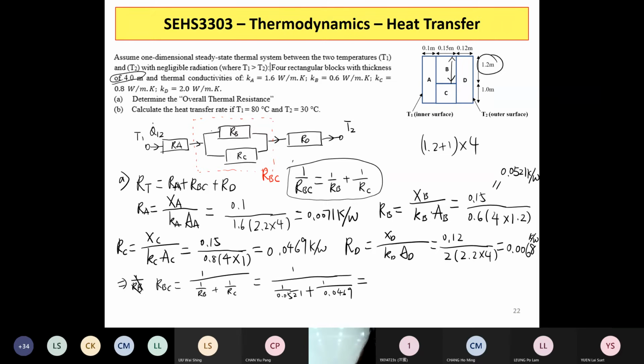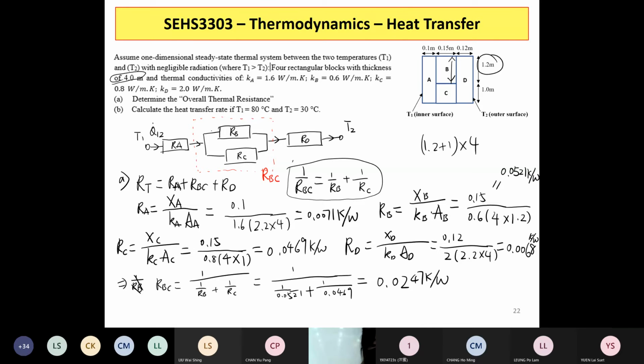What's the result? Can you follow? Yes? Good. That should be 0.0 K per watt. Right? Oh, sorry. Is that right? Yes, I think it's right.